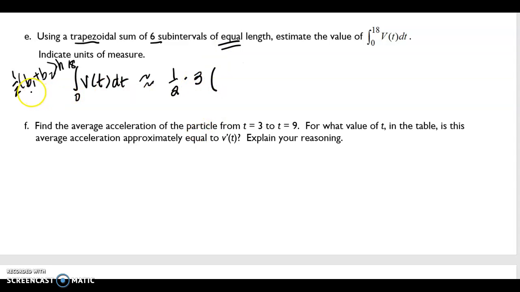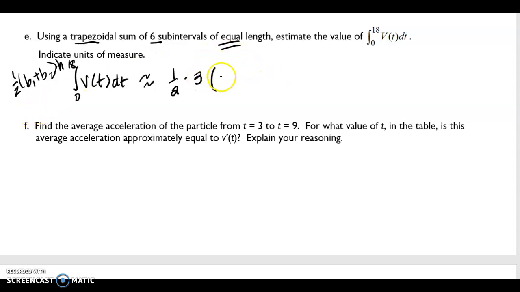And then remember, when I'm looking at this, my first base 1 is that value of 2.3, and my base 2 is 2.7. But then when I go to make my next trapezoid, I'm going to have 2.7 again for my base 1, and then 2.0 for my base 2. So all those middle terms are going to get used twice. The end terms at 0 and at 18 will only get used once.